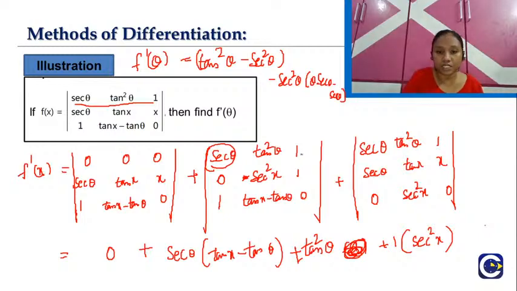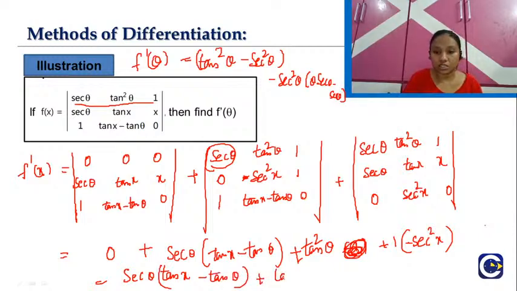And for here plus 1, this term will be 0, 1 into 0 minus, so it will be minus secant square x. So this will be for the second part of the derivative, which is secant theta tan x minus tan theta plus tan square x minus secant square x.